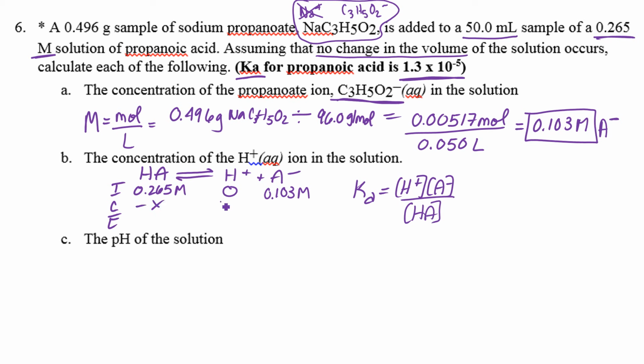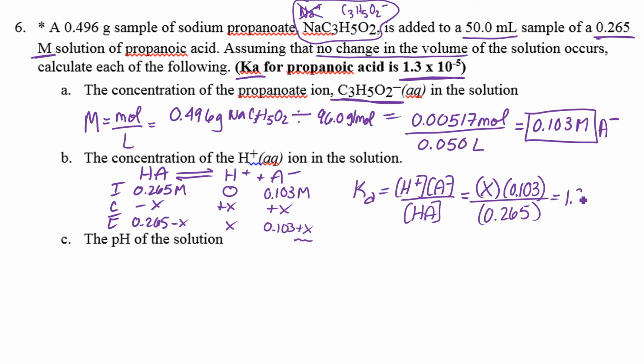Alright, so do our normal ice chart thing, and you've got 0.265 minus X, 0.103 plus X, and so if you plug this into your K expression, you've got H is X times 0.103. We're going to assume that Ka is small enough that I can simplify this to say X is insignificant there. 0.265 goes on the bottom, and that is equal to 1.3 times 10 to the negative fifth.